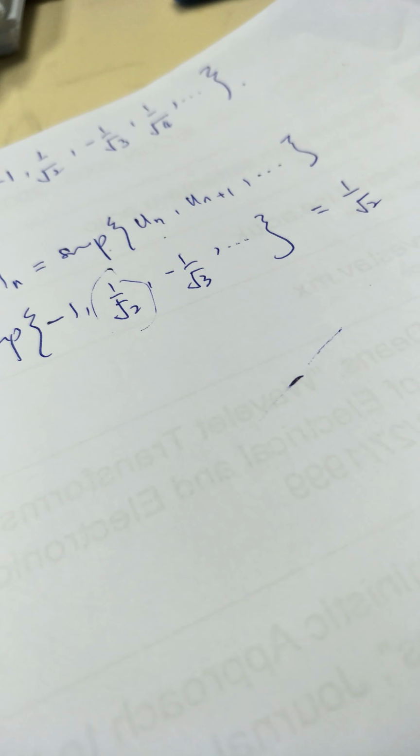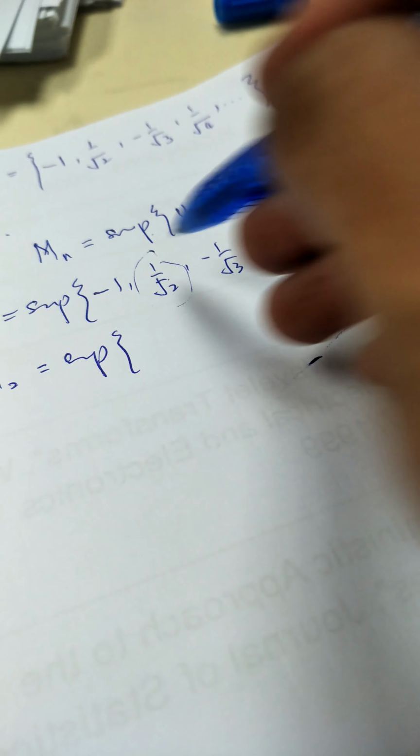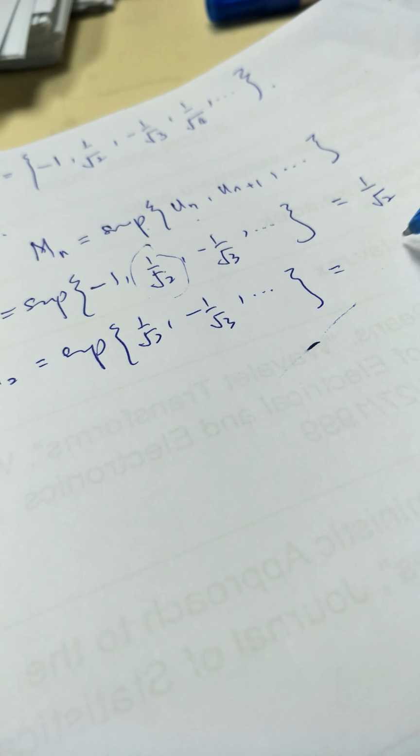Okay. Then if you find M2, our M2 supremum, we begin with 1 over square root of 2, negative 1 over square root of 3, and so on, which gives us 1 over square root of 2.